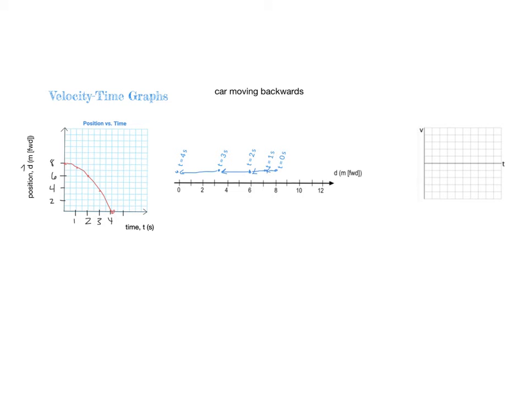So our car is moving backwards. We'll call that the negative direction. So that tells us that velocity is in the negative direction because my speed is going backwards. And it's speeding up as it goes backwards.